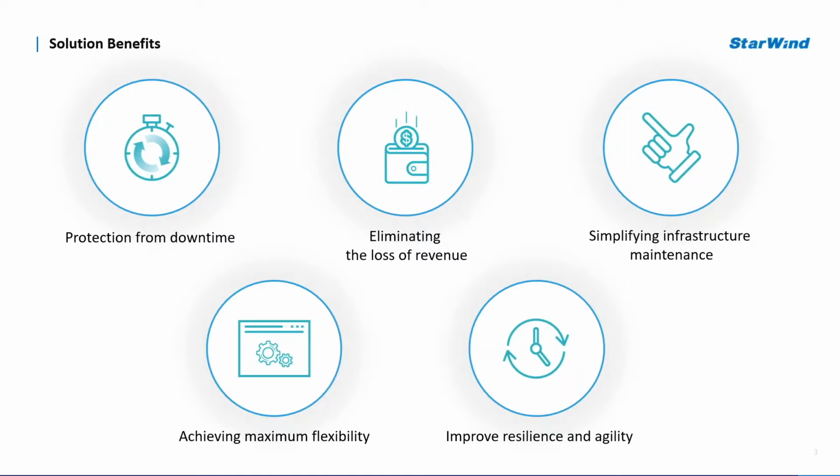Now, the third aspect is simplifying infrastructure maintenance. In certain cases of infrastructures which combine cloud and on-premise together, you would have multiple tools that you would need to access, or your network administrators would need to overcome a steep learning curve if some new solutions are introduced along the way.